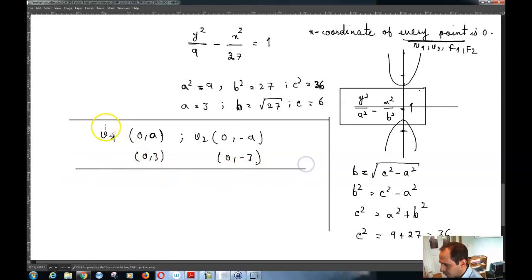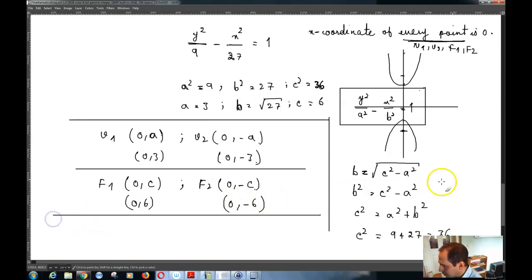Then the foci would be F1, 0, comma C, and F2 would be 0, comma negative C. So that is 0, comma 6 and 0, comma negative 6.